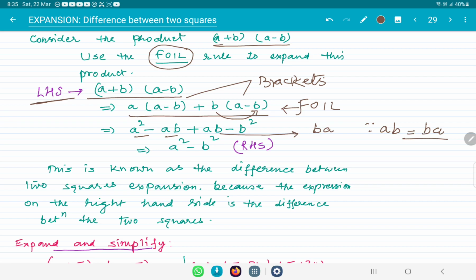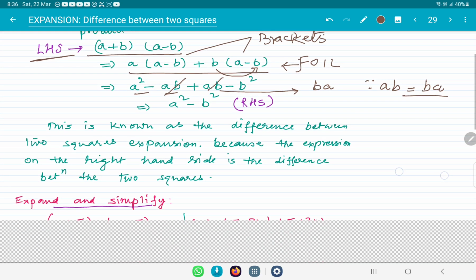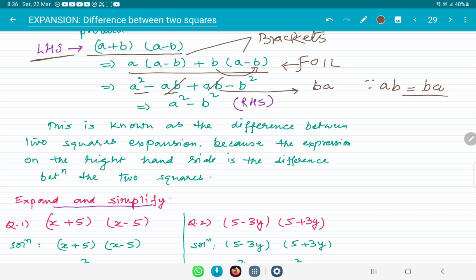So we get a square minus ab plus ab minus b square. Since they have the same value but opposite sign, these two will cancel, and we get a square minus b square.